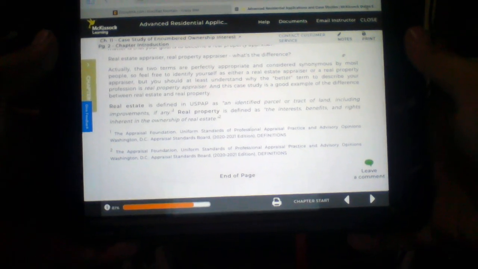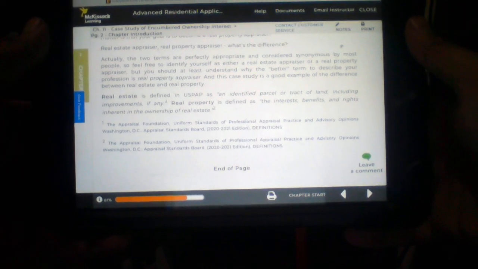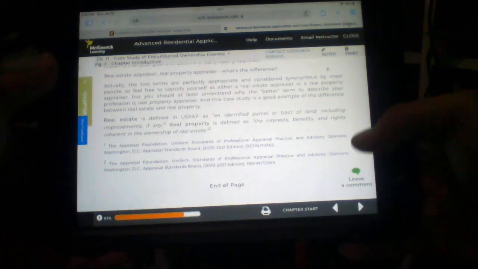Real property is defined as the interests, benefits, and rights inherent in the ownership of real estate. End of page.